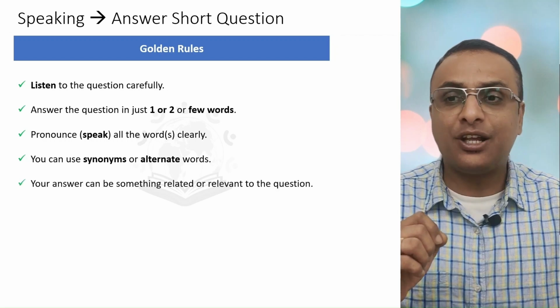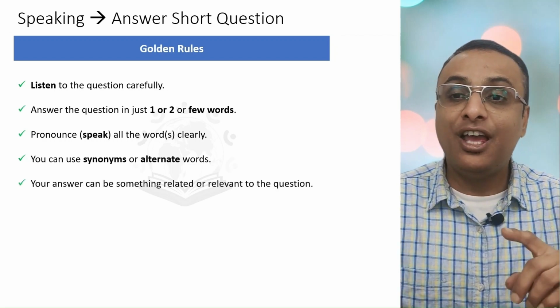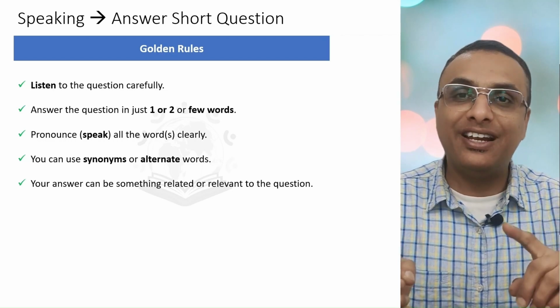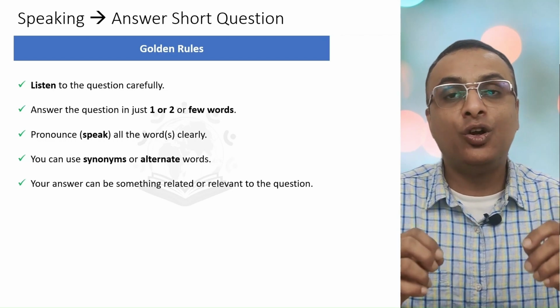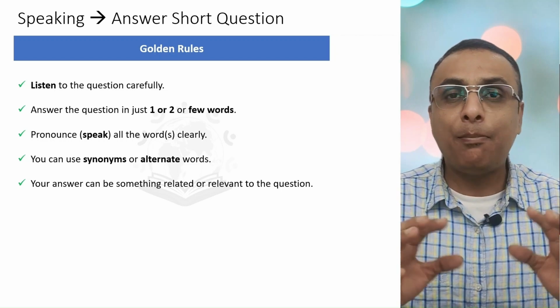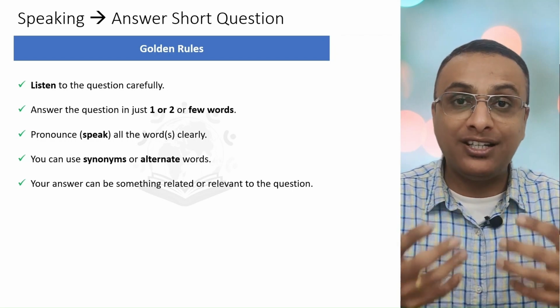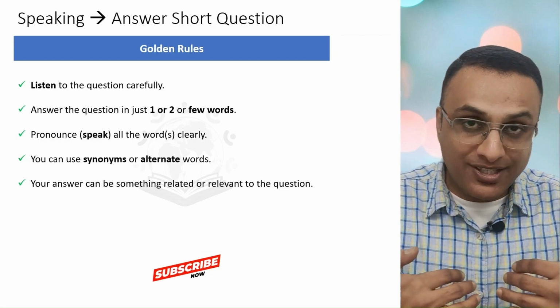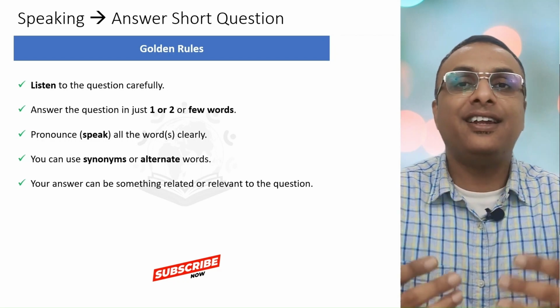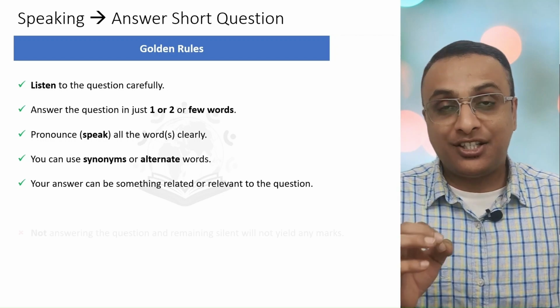What if you don't know synonyms or alternate words at that point of time? You can come up with something related or relevant as an answer for that particular question. Remember, at the end of the day, it is not assessing your general knowledge skills. It is trying to understand if you can listen to the question, understand, and then come up with an answer. These are the do's for your answer short question.